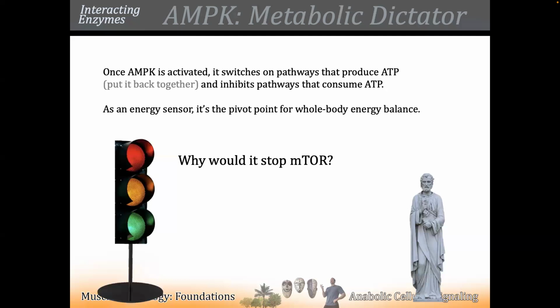But another part of that equation is shutting off ATP consumption. If something costs the body a bunch of ATP, like protein synthesis does, protein synthesis is super expensive, those things get turned off. So anything that's promoting ATP generation gets turned on. Anything that is promoting ATP consumption gets turned off. That's its St. Peter role.